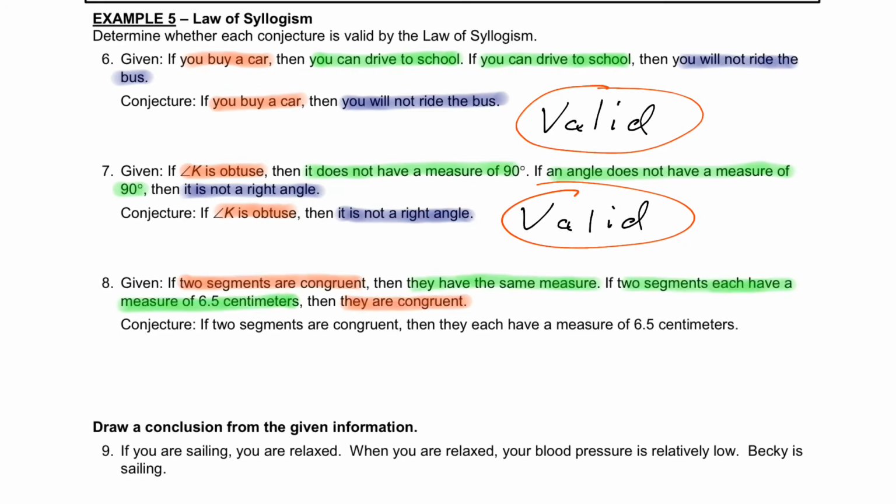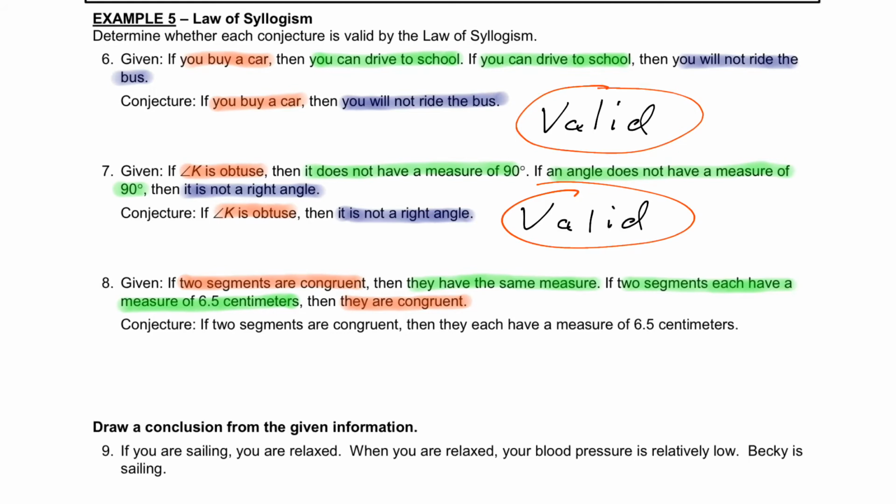I'm going to stop highlighting right there because you can see already that the structure is not correct. The first statement says if red, then green. So it says if two segments are congruent, they have the same measure. The second statement starts out right here with two segments that have the same measure, but then the conclusion of the second statement is the same as the hypothesis of the first statement.